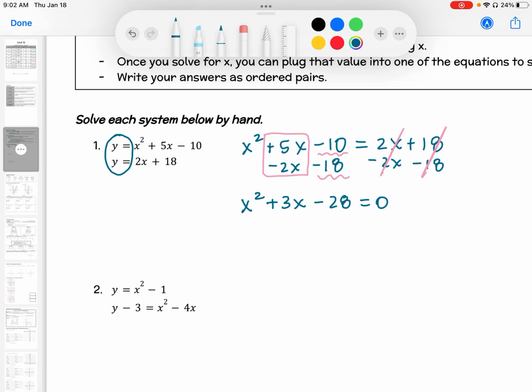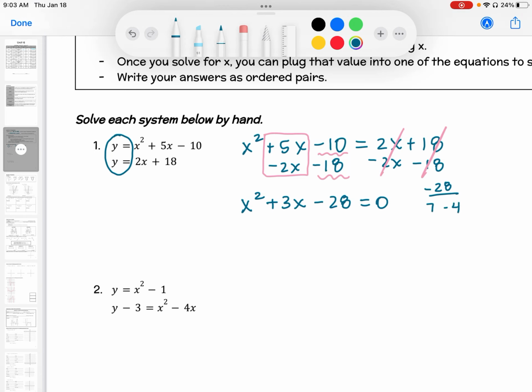So our goal was to make it equal 0, so now we can solve this, and most of them should be solvable this way: solve this by factoring. So I'm going to go ahead and factor and figure out what multiplies to negative 28 and adds to 3. So think about that for a second. All right, so for negative 28, it should be 7 and negative 4.